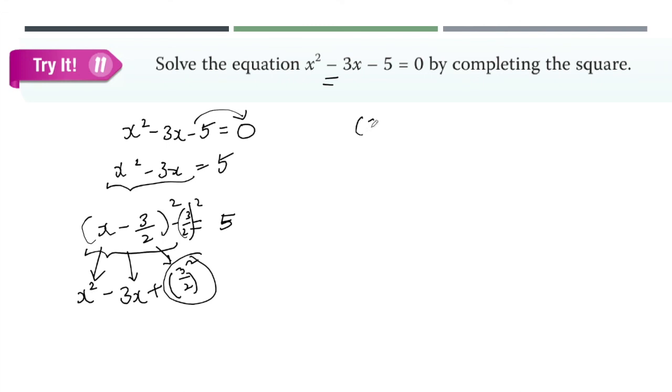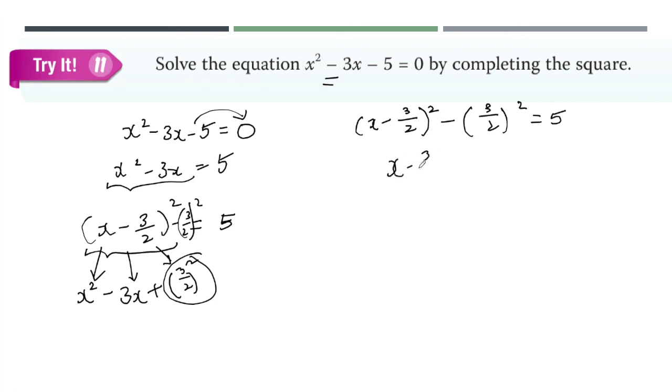So let's tidy this up. x minus 3 over 2 square minus 3 over 2 square equals to 5. If you don't believe me, you can just expand this whole thing. You expand this whole expression, you are going to get back x squared minus 3x. They are the same. They just look different.